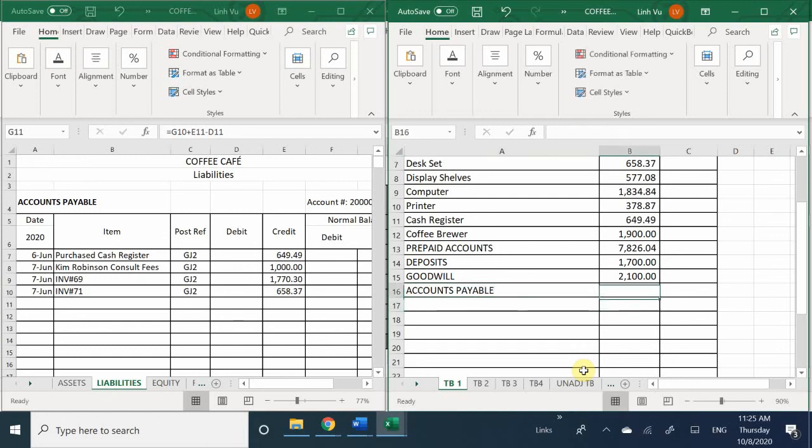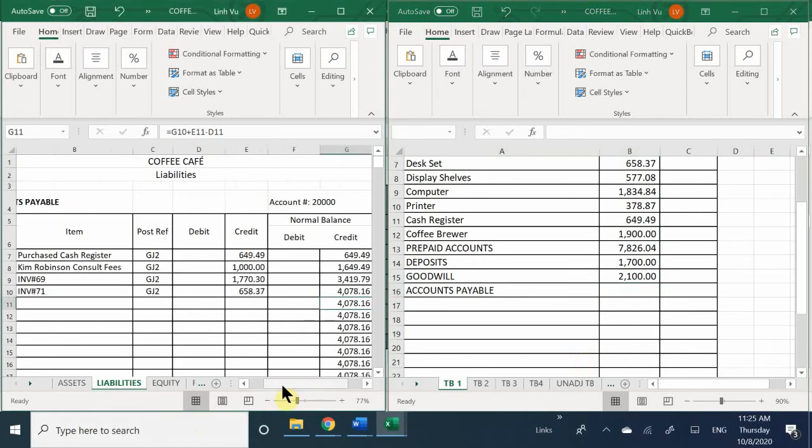All right? How much is my accounts payable credit for? 4,078.16. Make sure you recognize that it's not a debit balance, it's a credit balance. So make sure you go onto the credit side. 4078.16. And I am in the wrong one. I thought I clicked it.